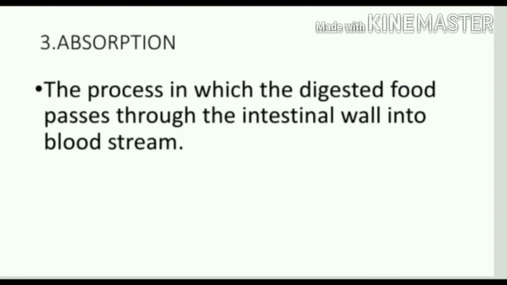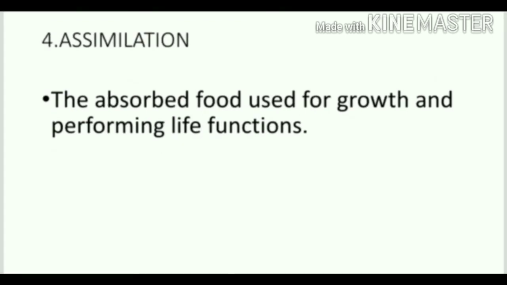After digestion, simpler food molecules are absorbed by the cells within the body of the animals. That is absorption. In the next step, the absorbed food is used for growth and performing different life functions. It is called assimilation.